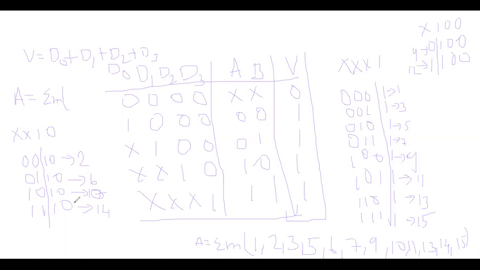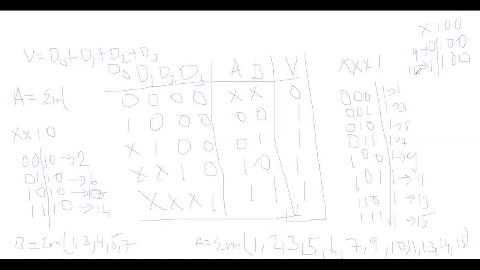So 2, 6, 10, 14 is not there. Only 1, 3, 4 for B. If I write here, B is equal to the minterms 4, 1, 3, 4, 5, 7, because these are the same.